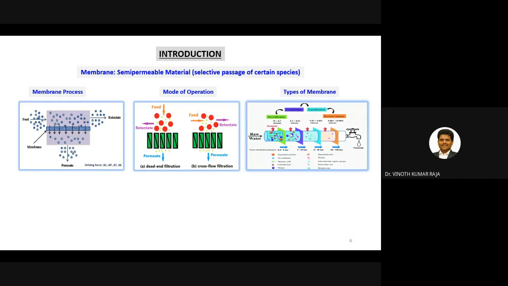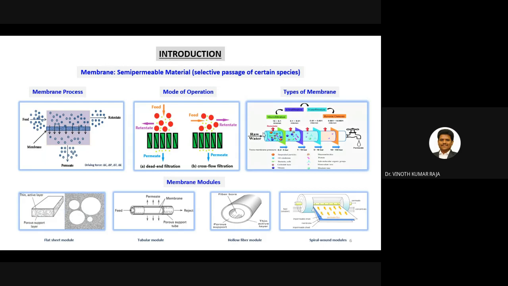The final one is the reverse osmosis membrane, with a pore size ranging from 0.001 micrometer or less. It can even retain monovalent ions, and we use reverse osmosis membranes for potable or drinking water purposes.